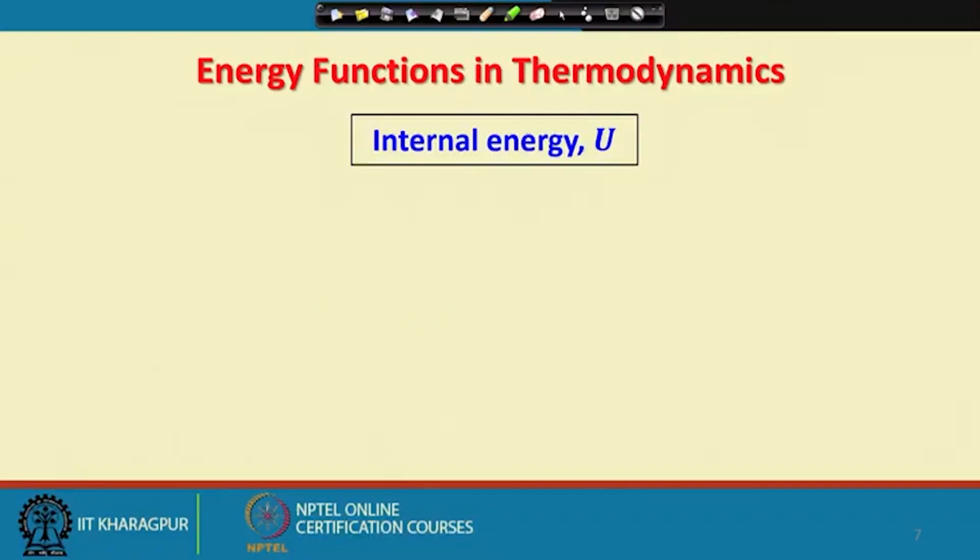The first one is, of course, internal energy. It is very interesting to know that the concept of internal energy has been there from a long time back. We knew that a system must contain some property that tells us about its ability to do some work. And the first law of thermodynamics quantified this idea by introducing the internal energy to us.